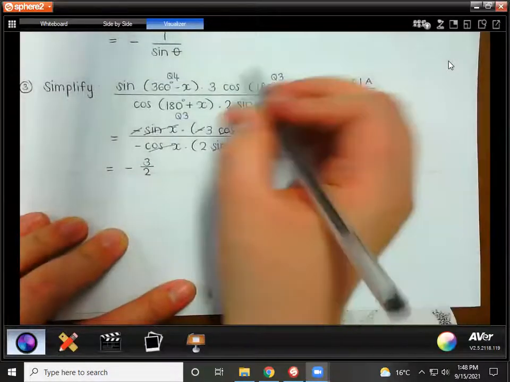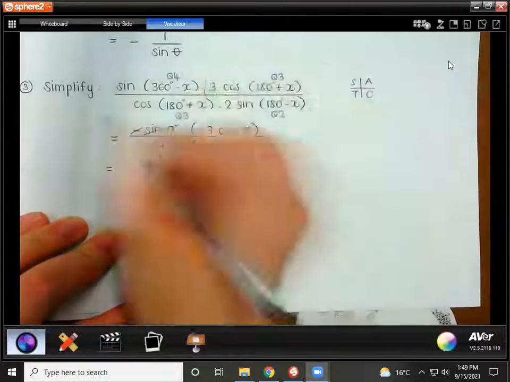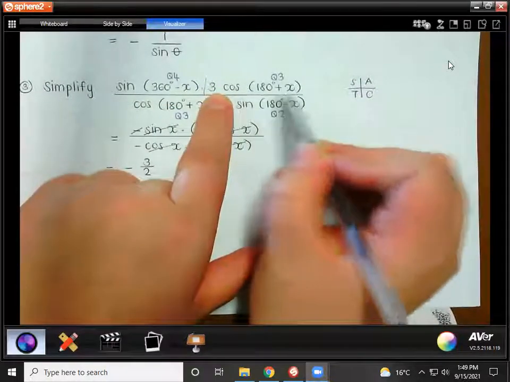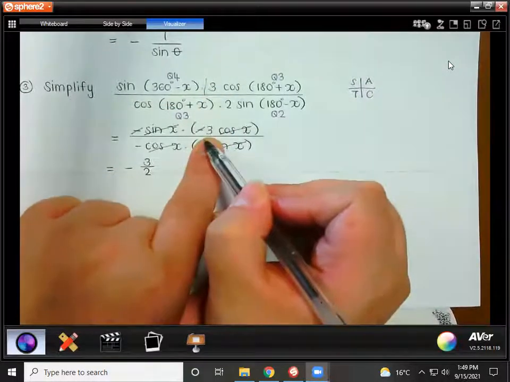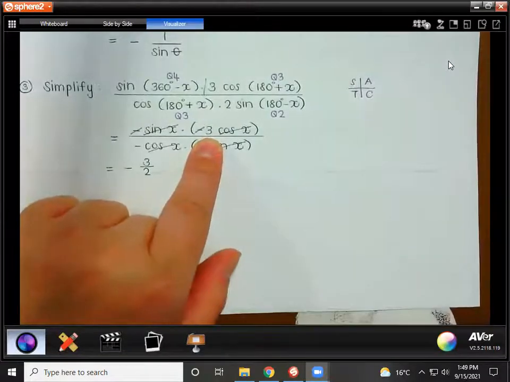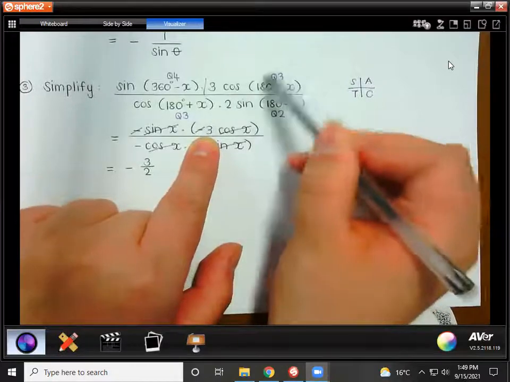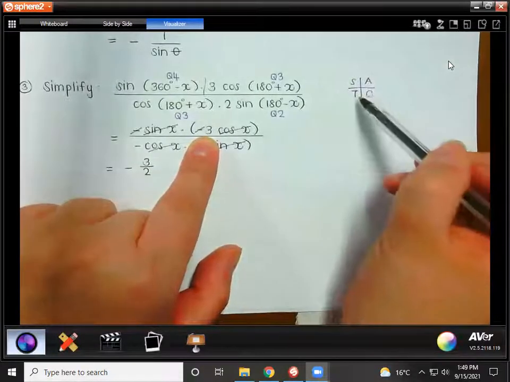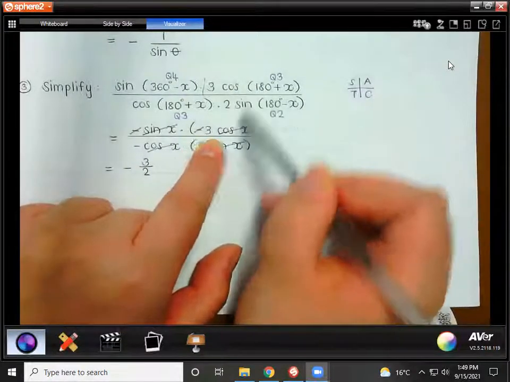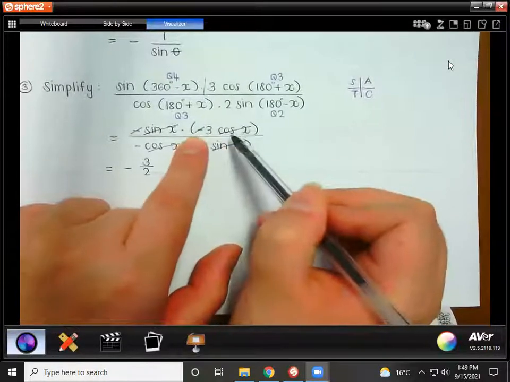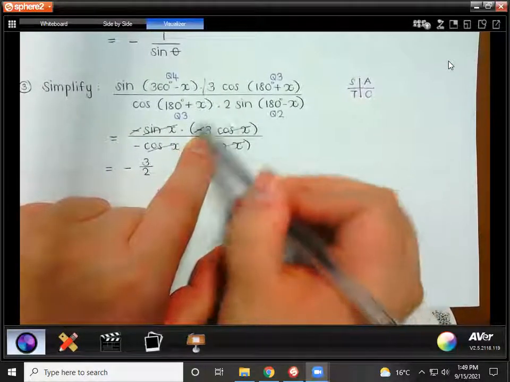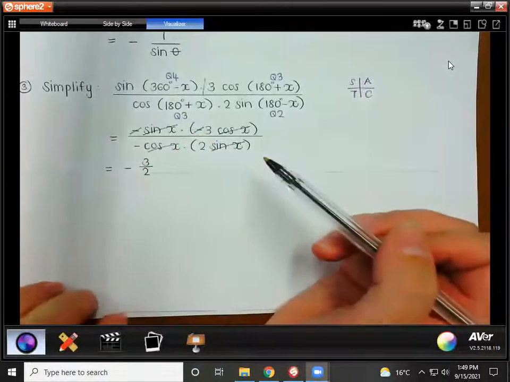I just realized this is all one term. So if this becomes negative cos x, you can just as well write -3 cos x, but it doesn't matter. You can just put a 3 and then bracket. 180 plus x is in the third quadrant, and cos in the third quadrant is negative. All right, so that needs to become negative cos x.